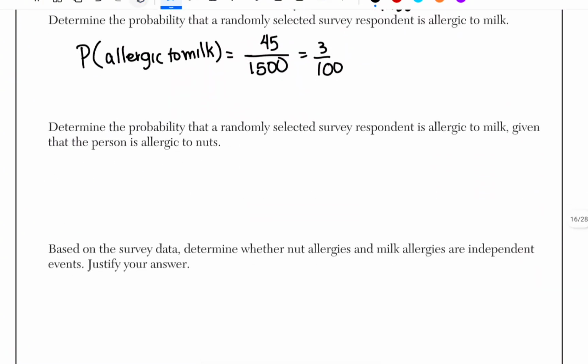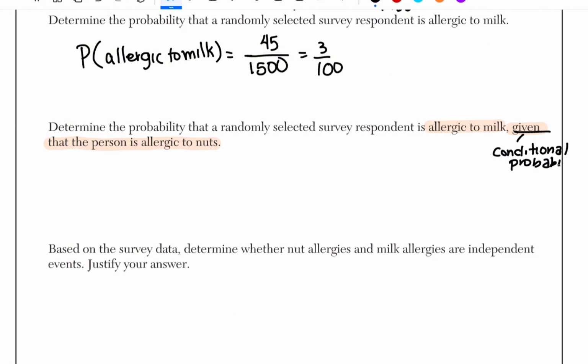Part 2 says, determine the probability that a randomly selected survey respondent is allergic to milk given that the person is allergic to nuts. So when we see the word given, what does it mean? Conditional probability.